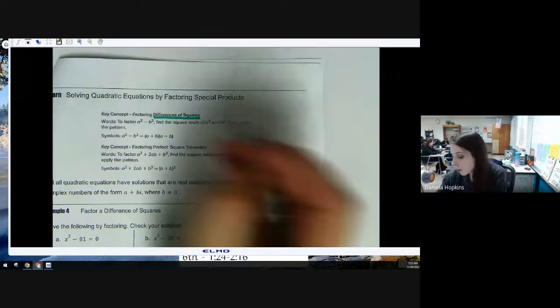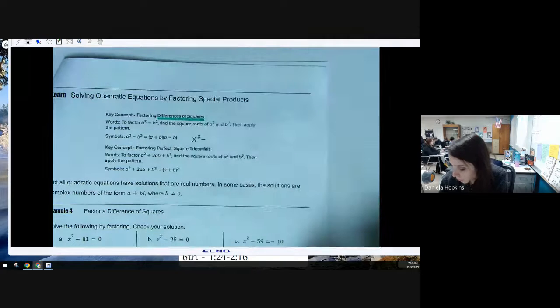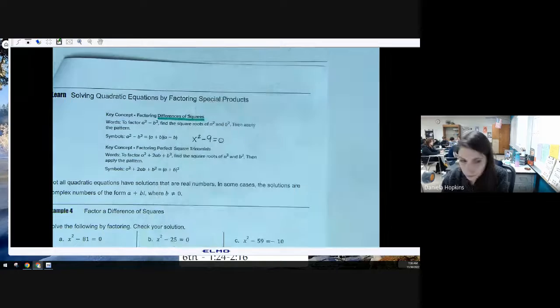So for example, you could have x squared minus, what's a perfect square, 9 equals 0.